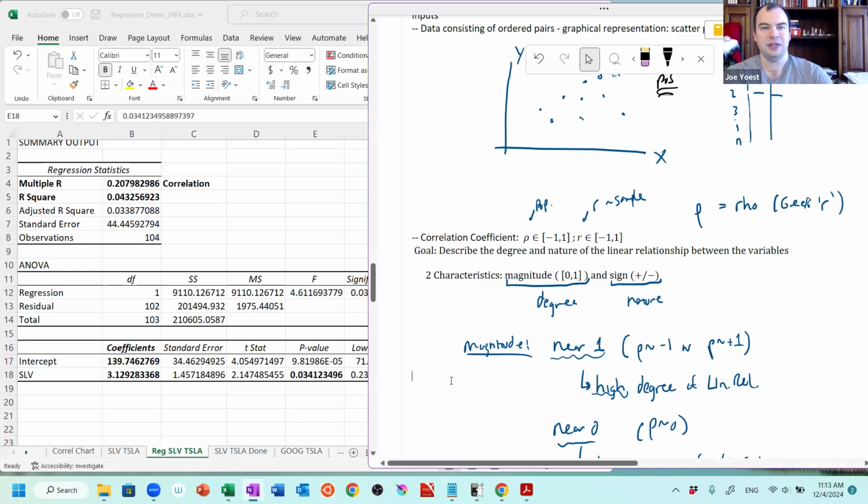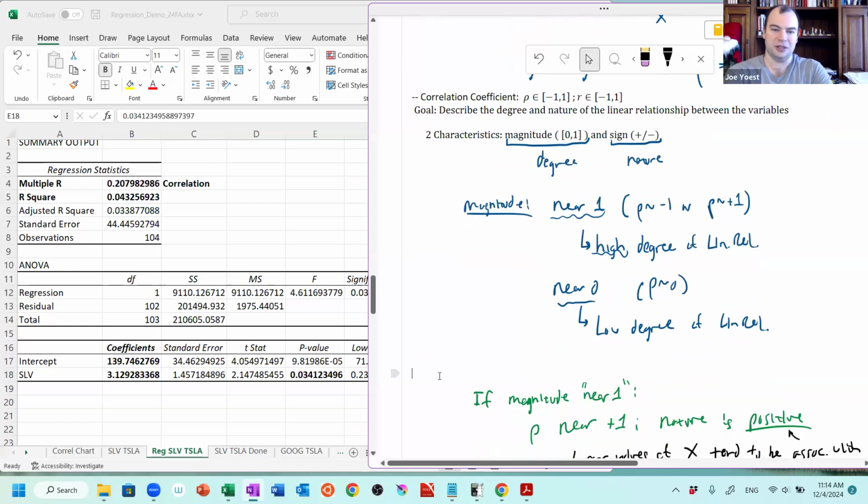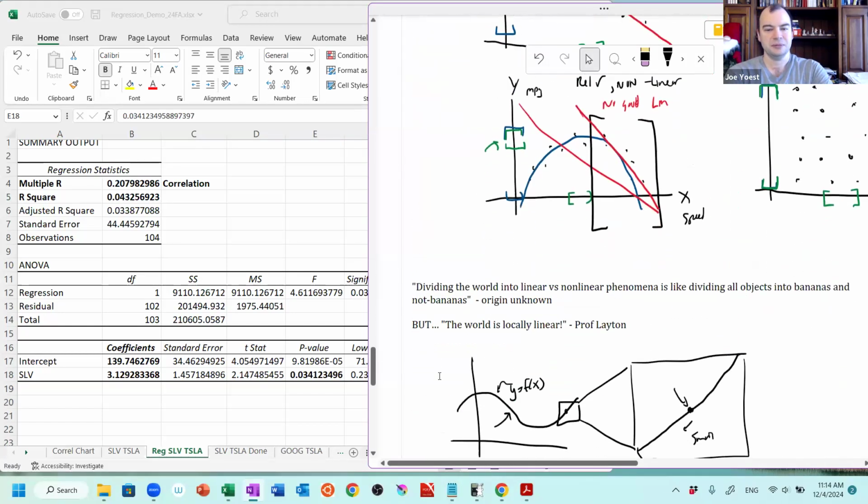Now, in some fields, where we have tons of inputs and they come together in a very complicated way, maybe we're happy to get 30% explanatory value from a model. That might be a win. In other fields where we have fewer inputs and it's more well defined how they interact, maybe we're very unhappy with a model that has 30% explanatory power. It's all relative to the other options.